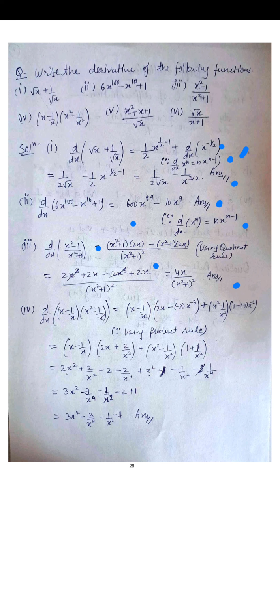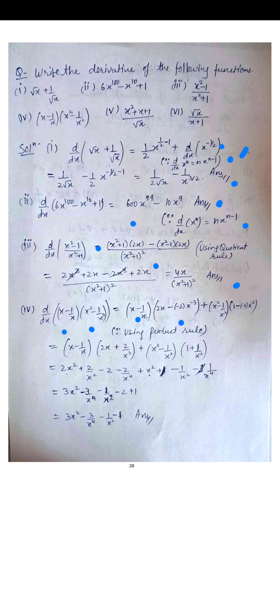Now we have another question in which we will use product rule. Here we have two functions, first function and second function. Now we use the formula, that is first function into derivative of second. Here second function is x square minus 1 upon x square.